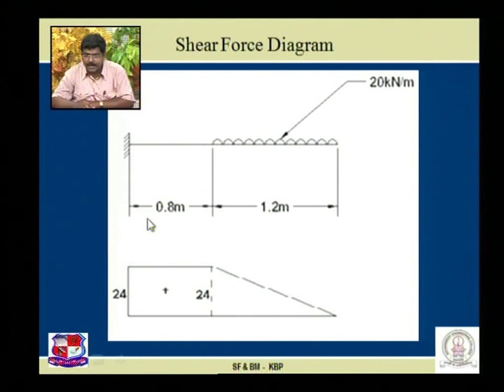In this 0.8 meter region, no load is acting, so the variation is a horizontal straight line. It is constant 24 up to the end of the beam, that is up to the support. This is the shear force diagram. It shows the variation of shear force along the length of the beam with positive value as per our sign convention.